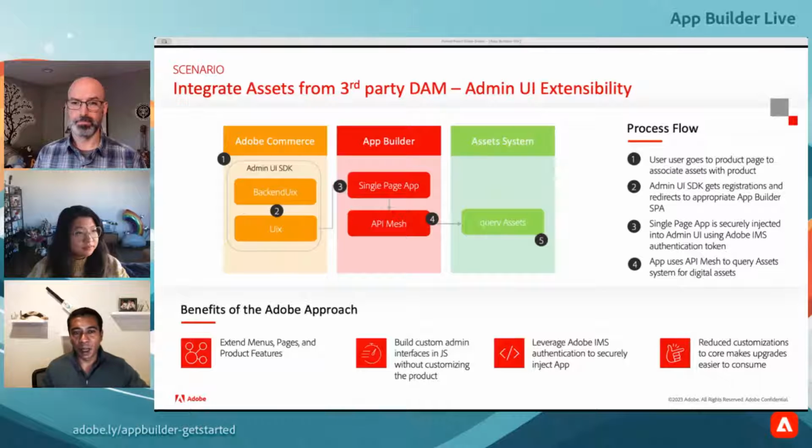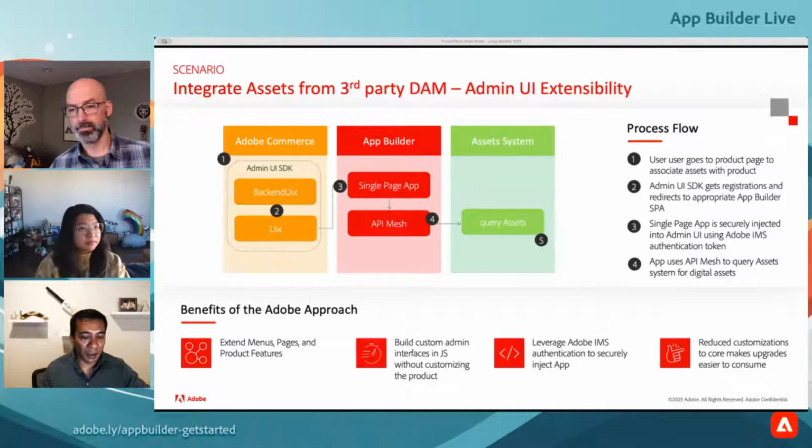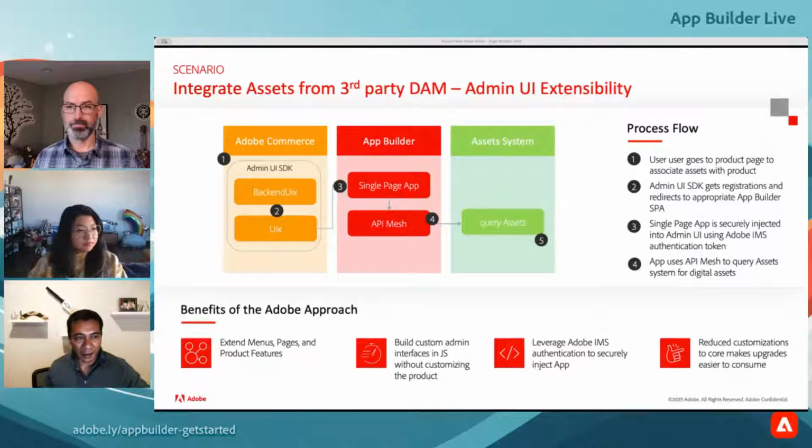In this particular example, you might want to associate assets sitting in a third-party asset management system. That could be Adobe's digital asset, AEM's asset solution, or any third-party asset solution. You might want to take assets sitting there and associate them with products sitting in Adobe Commerce.